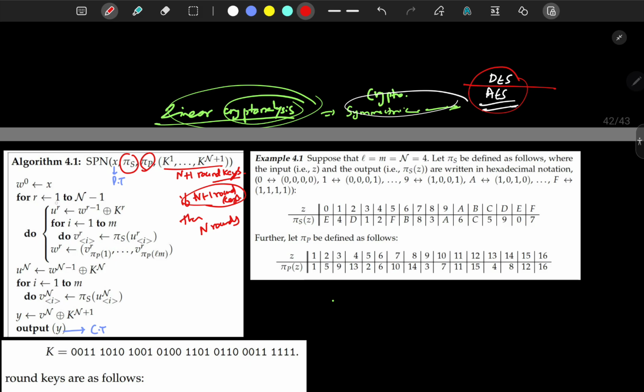Now see, for the first round, take the first round key k1, when r equals 1, and w will be w0. XOR both, and name the result u0. Then for i equals 1 to m, x will be a very big thing.